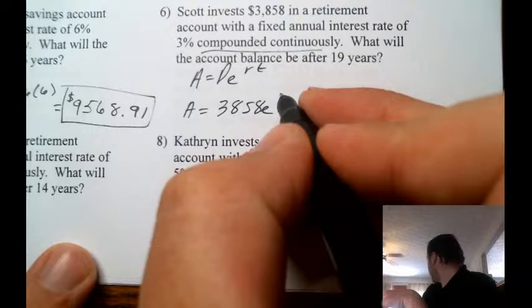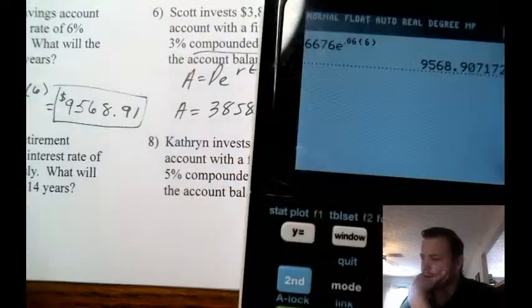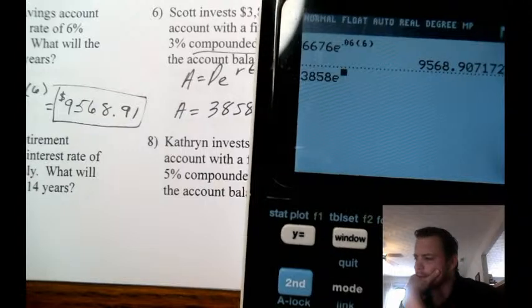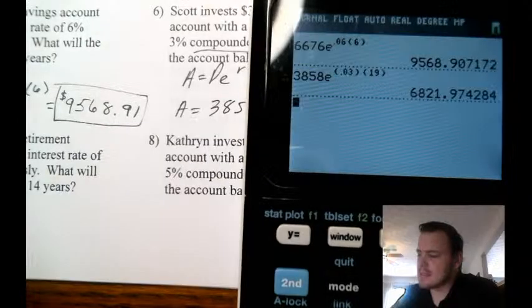I type that into my calculator. 3,858 second E raised to the 0.03 times 19. I get 6,821.97.